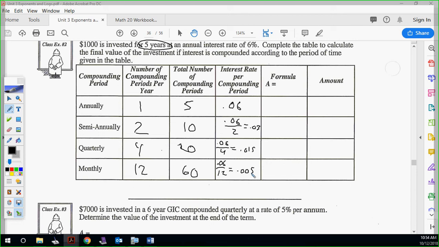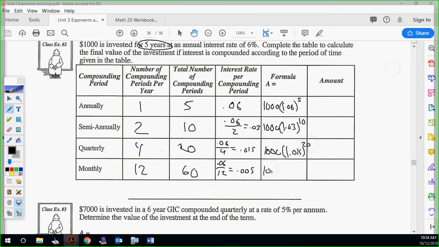Okay, so here we go. Here's the formula. The principal is 1,000. So 1,000 times 1.06 to the 5th. 1,000 times 1.03 to the 10th, because remember, that's semi-annually. The first one and the second one are both 6% for the year, so if you're doing it twice, you have to divide it. 1,000 times 1.015 to the 20th.